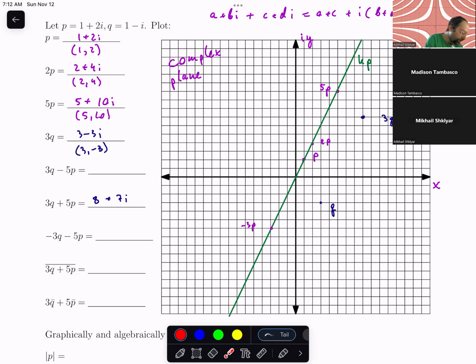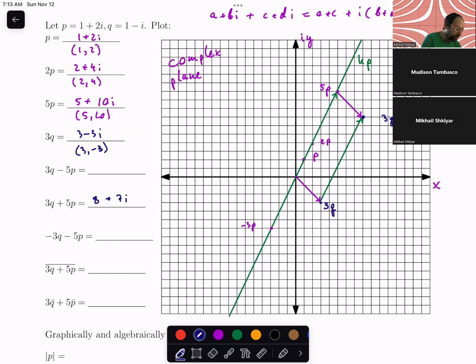If I represent 3q by a vector like this, which represents moving 3 to the right and 3 down, I can take this vector and move it over here, which represents exactly the same complex number, adding 3 in the real direction and -3 in the imaginary direction. Or, since addition is commutative, I could take 3q and add 5p, and I will end up at the same place.